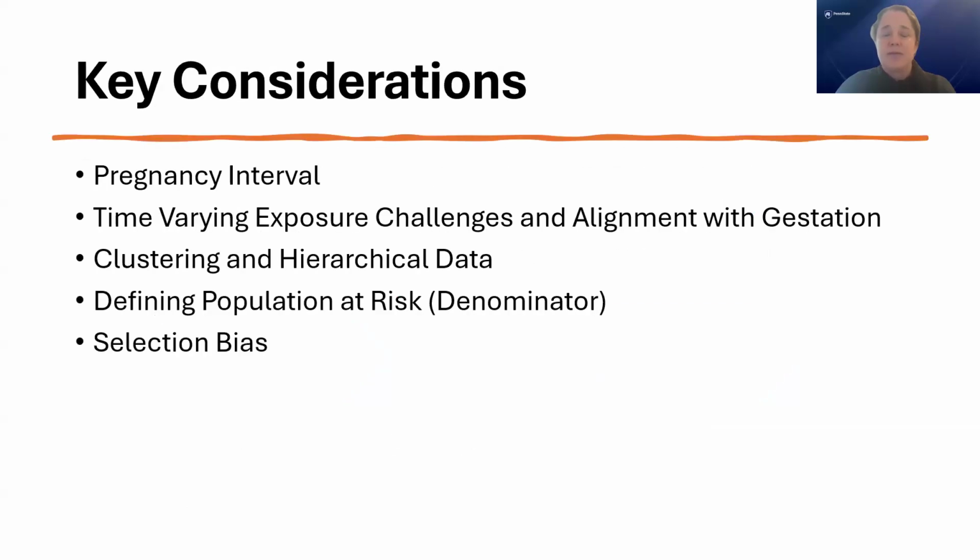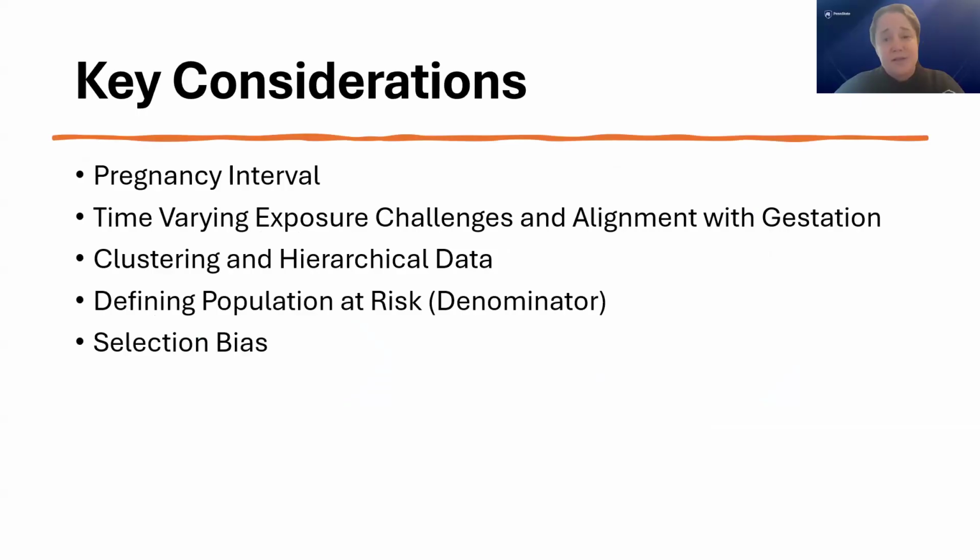Okay, so when we think about best practices in perinatal epidemiology, there are several key considerations that shape how we design studies and interpret findings. First is the pregnancy interval. The timing between pregnancies has important consequences for both maternal and infant health. And when we study these outcomes, we need to make sure we're capturing intervals accurately.